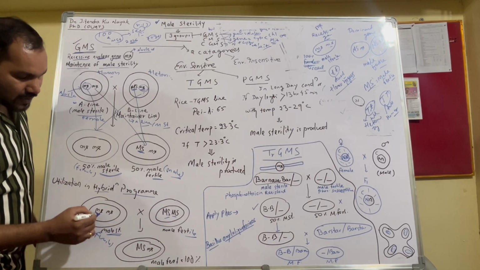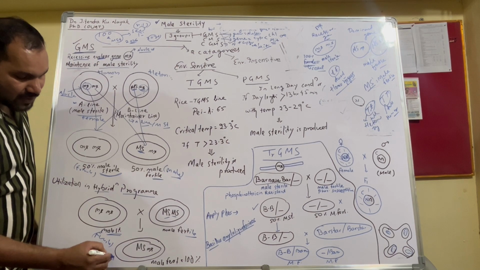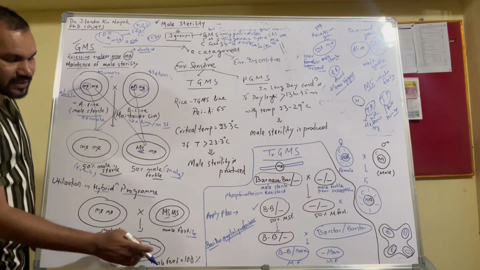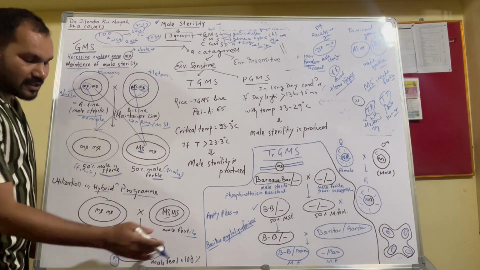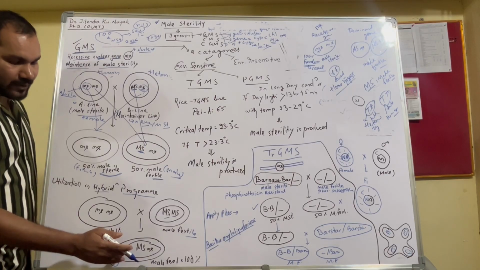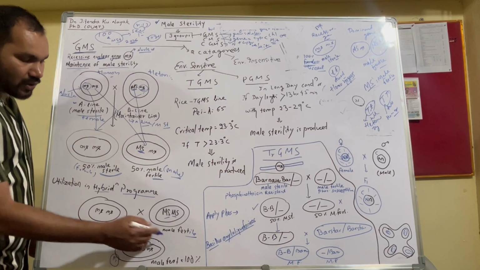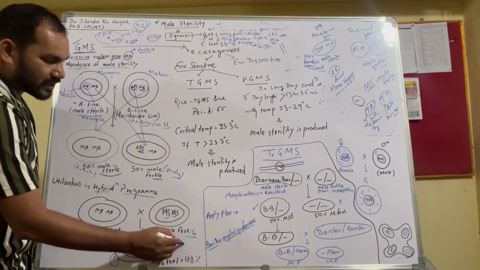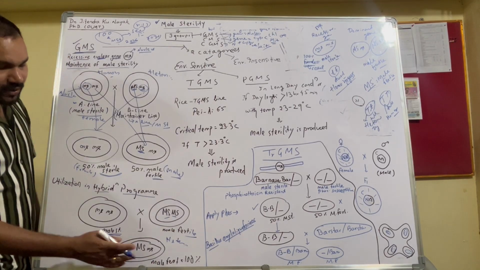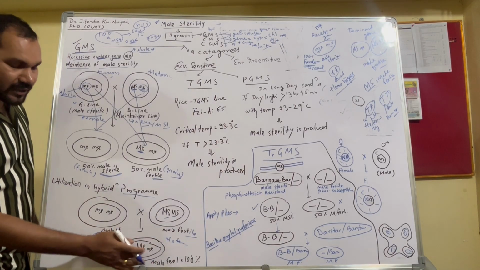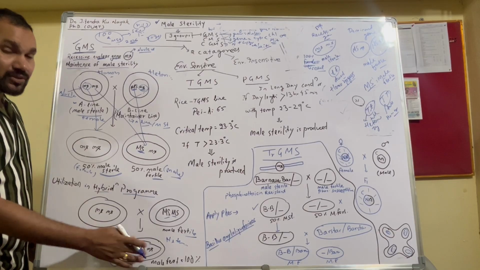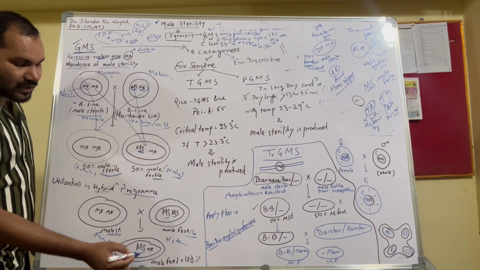So you can see all the plants of the F1 hybrid that I will get are heterozygotes. If I ask you whether this is male sterile or male fertile, you will see whether it is homozygous or heterozygous. This is heterozygous in nature.